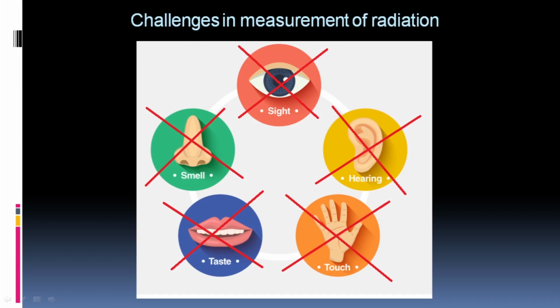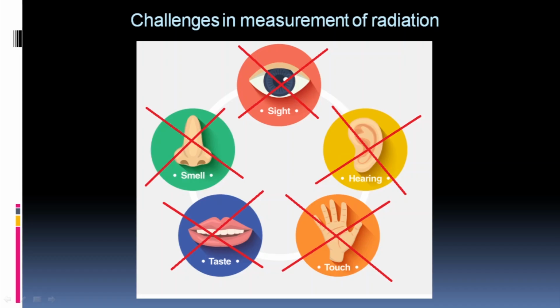Now, the problem in measurement of radiation: we can measure any quantity in our daily life by using our senses. We have 5 sensory organs, such as sight, smell, hearing, taste and touch.